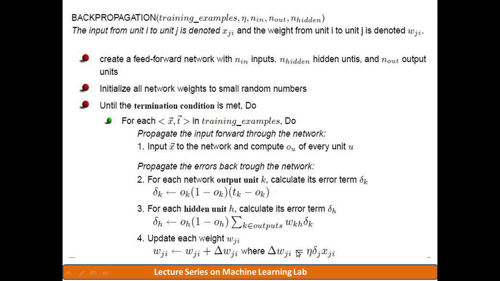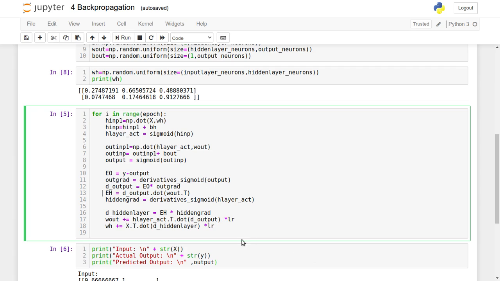That is what this equation, eta delta j x j i, says. Eta is the learning rate, so learning rate is LR. It is the dot product of the output difference and the hidden layer activation.